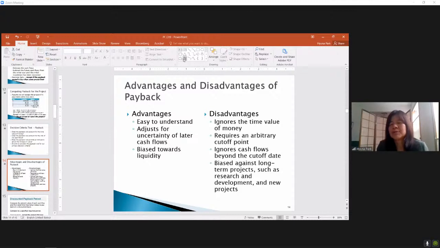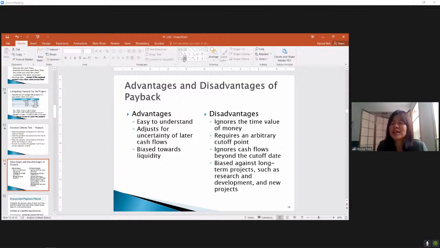So the payback rule is biased against long-term projects like R&D. Such projects may not generate value near-term, but are good for the company's future in the long run.